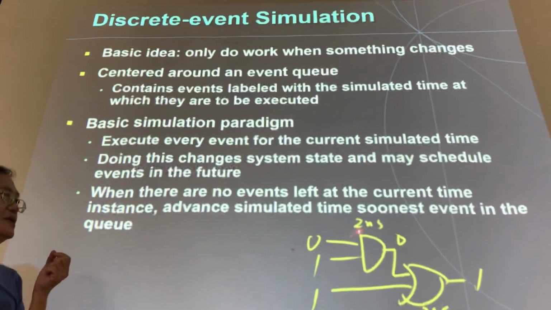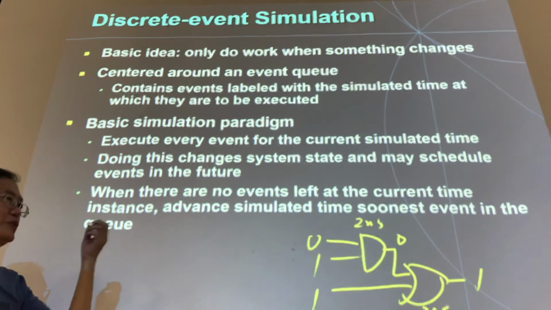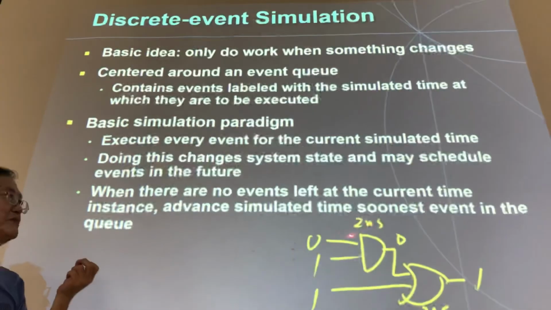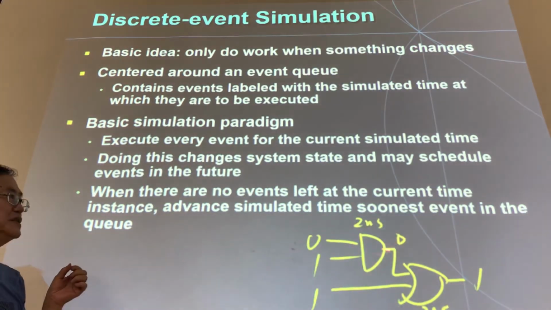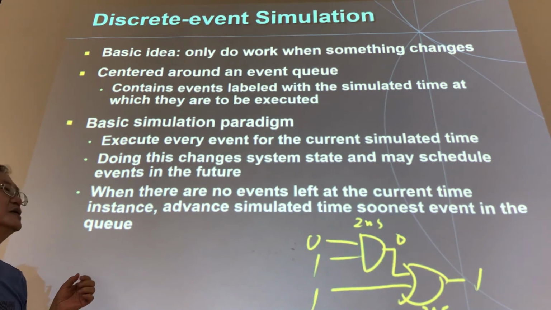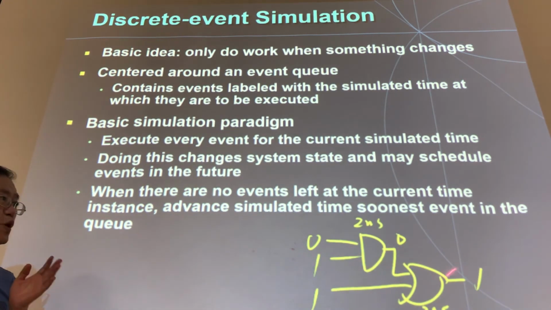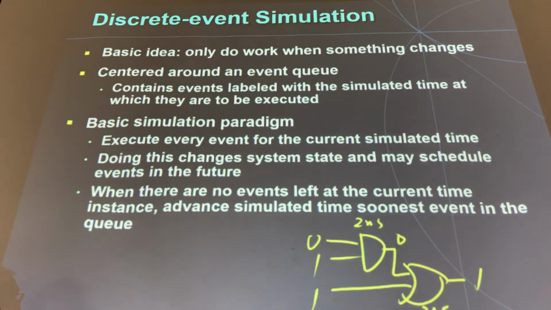There's going to be an event for the AND gate, and you get the output value after 2 nanoseconds. Then, after you get this 0, because the other input was already available in the beginning, you schedule an event for the OR gate. And after a 3 nanosecond delay, you can get the output here.